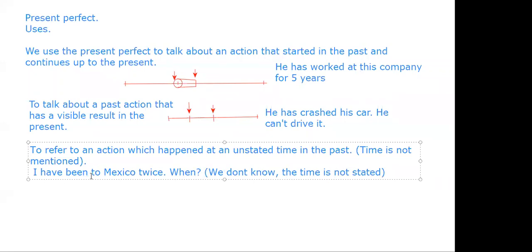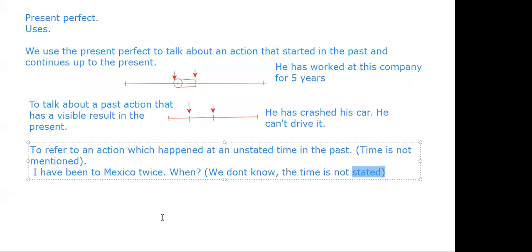So, I have been to Mexico twice. When? We don't know. The person didn't say that. The time is not stated. That's what it means. Stated means that the time is mentioned. For example, I visited Mexico last year. The time there is stated: last year. It's mentioned. Okay?